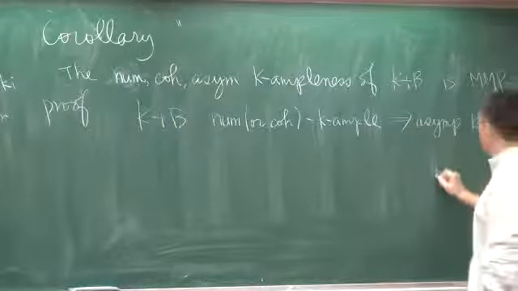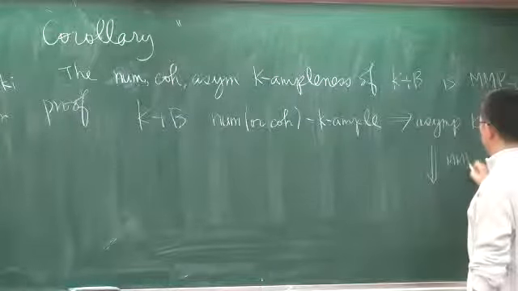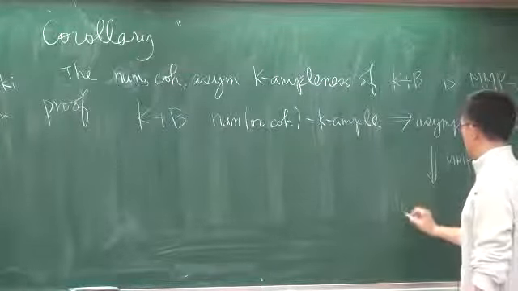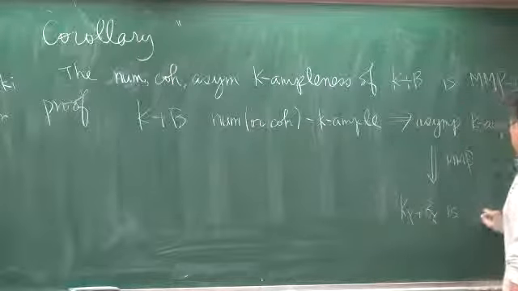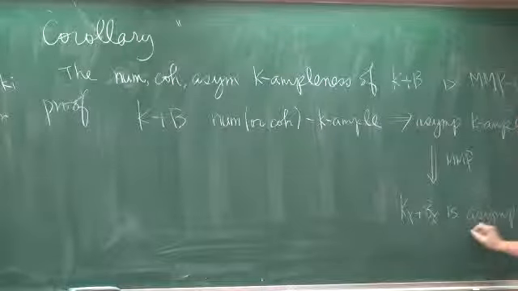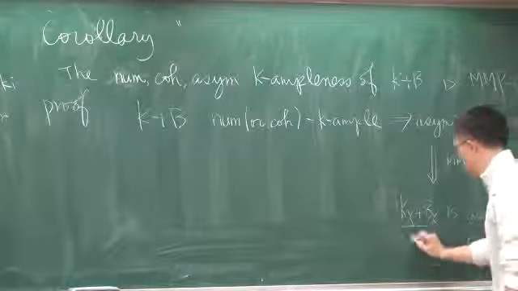But if we run the MMP, then KY plus BY is also asymptotically K-empty. But this is nef and big.